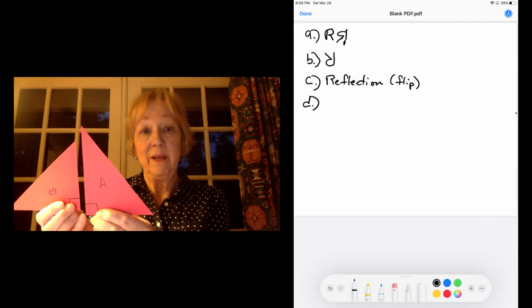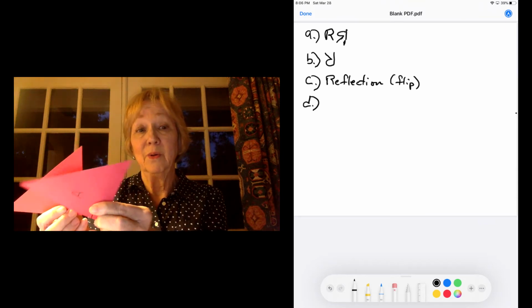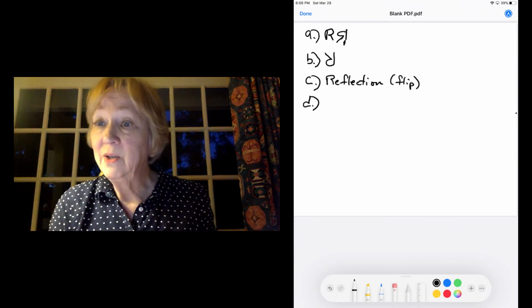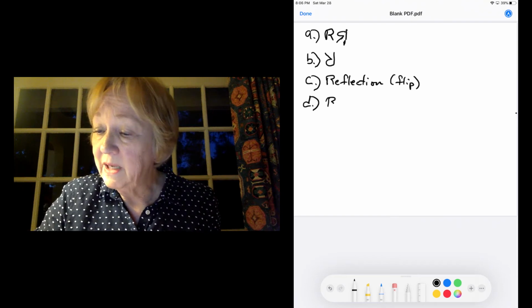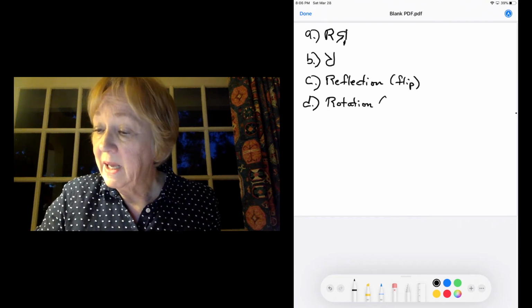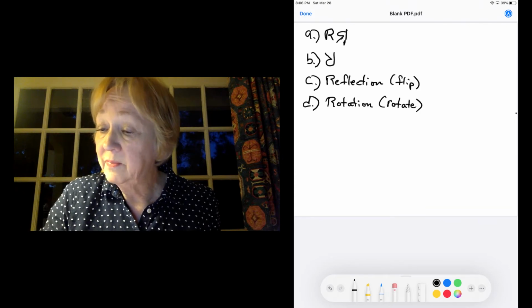Well, maybe you can think of it. Maybe by rotation. Rotation. And then we have one on top of the other. So D would be rotation. And I would just remind you that that simply means to rotate.